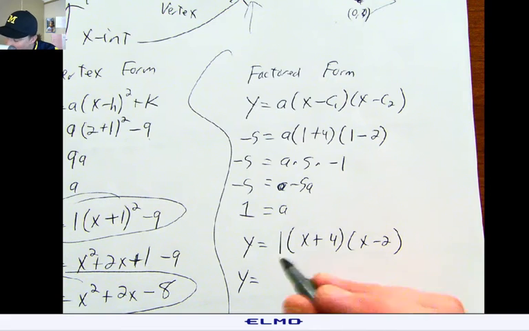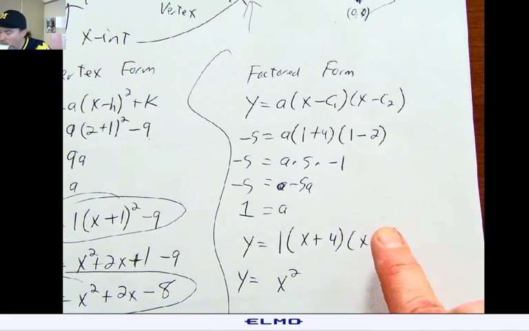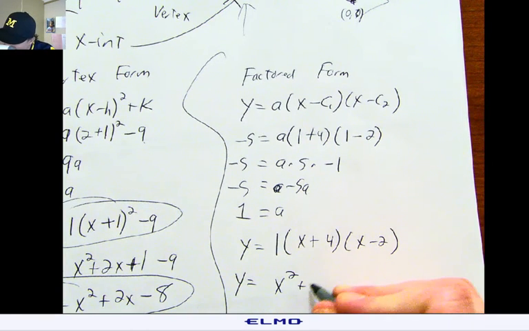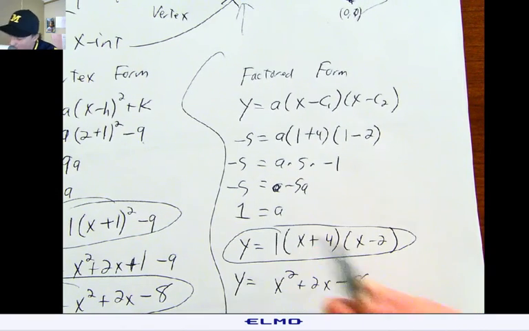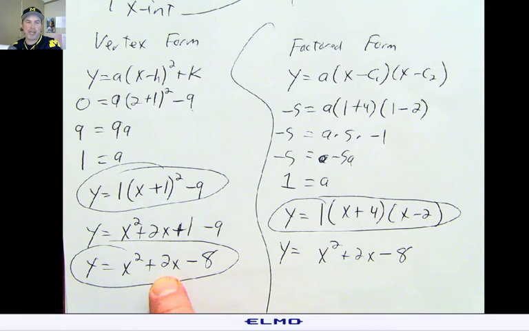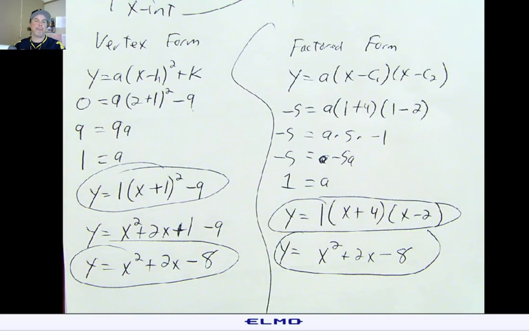And then if I multiplied them out to get to my standard form, I get x squared plus 4x minus 2x, so that's plus 2x, and then minus 8. So I have my factored form answer, my standard form answer, but of course my standard form answer would be identical here and here because we were working off the exact same table.